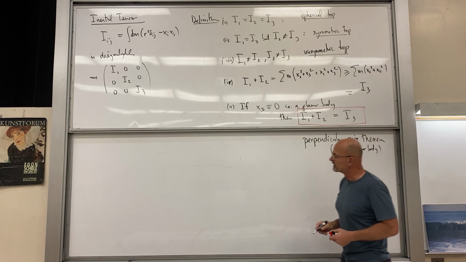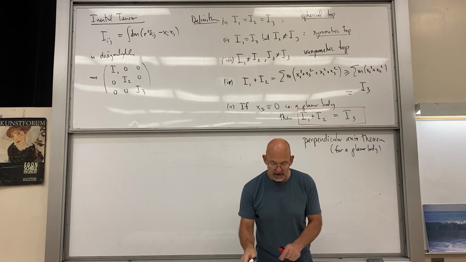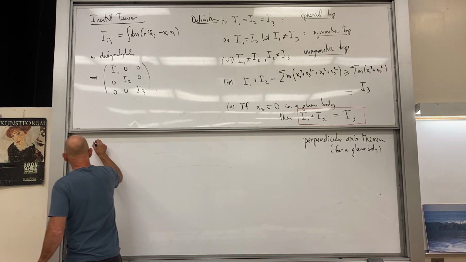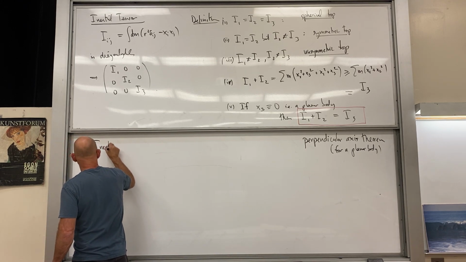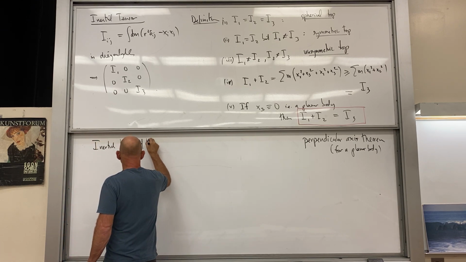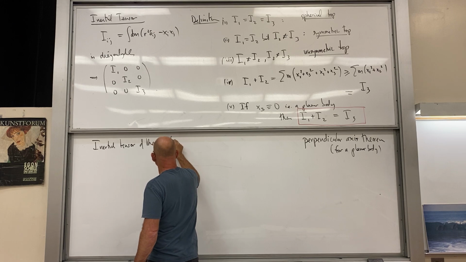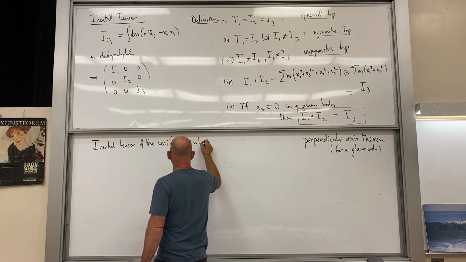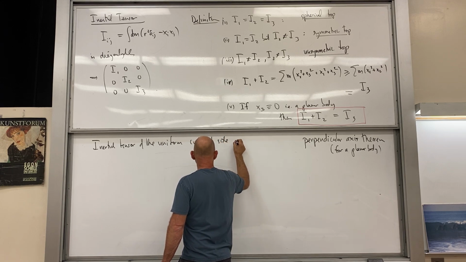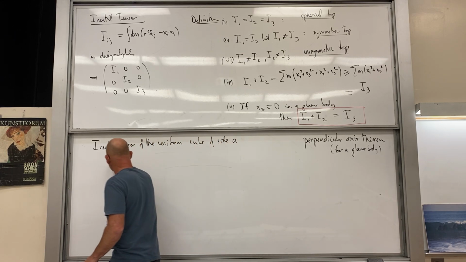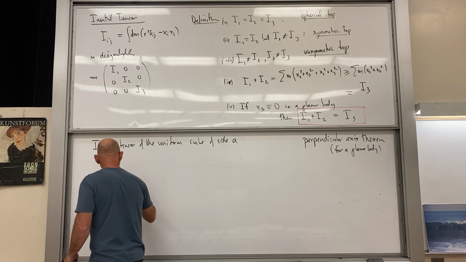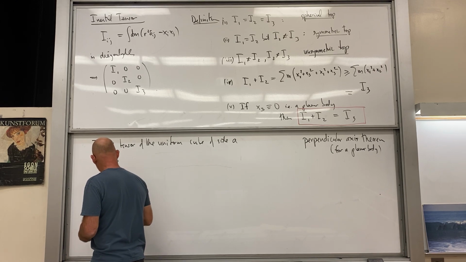Okay, so now we want to integrate a good example, the inertial tensor of the uniform cube. And I'll just get us started on this. Cube of side a. Okay. I'm supposed to draw this. x1, x2, x3.